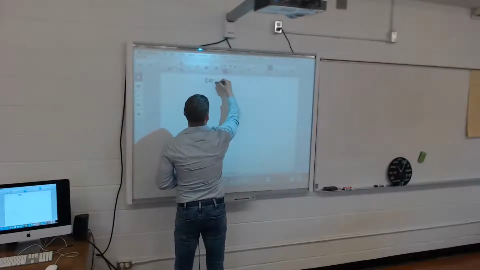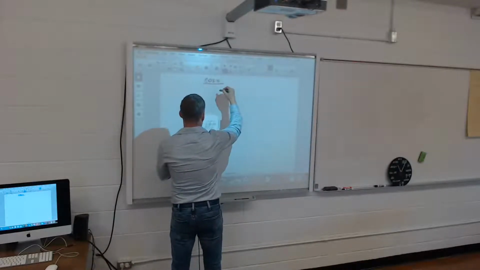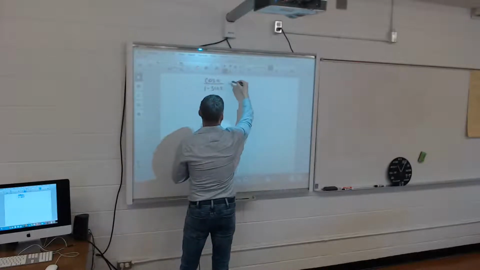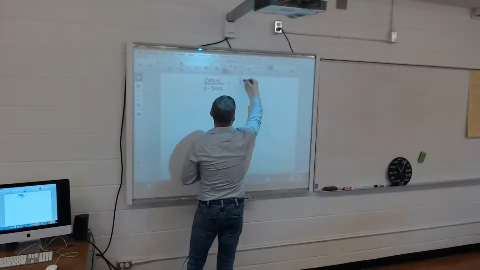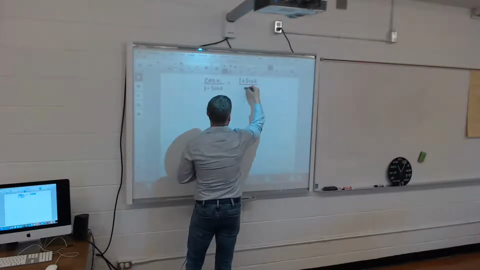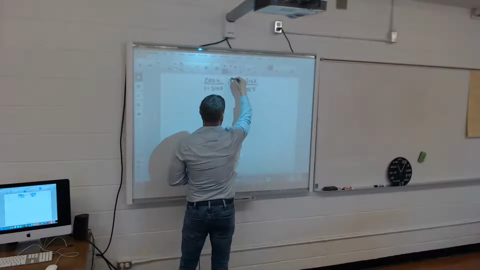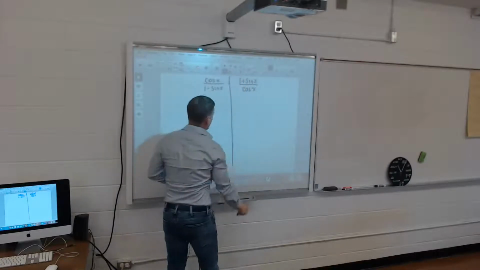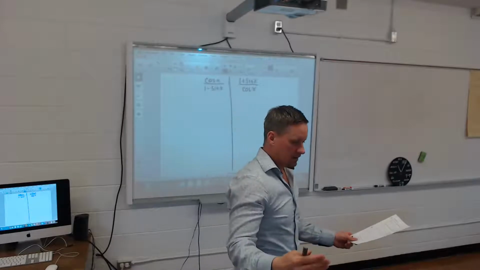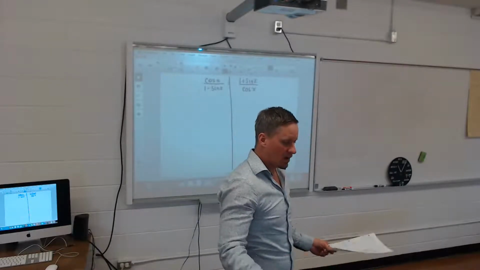So I have cos x over 1 minus sine x equals 1 plus sine x over cos x. Now what you need to do is draw a line down, plug your values in and work on both sides.